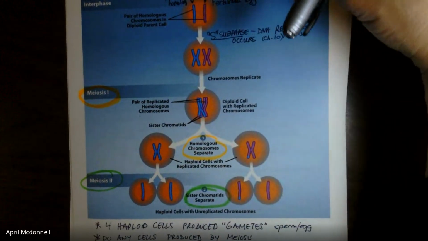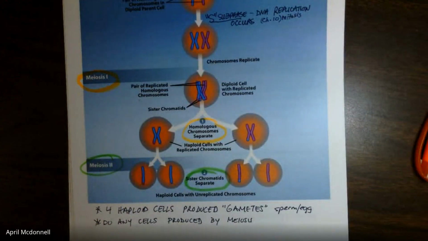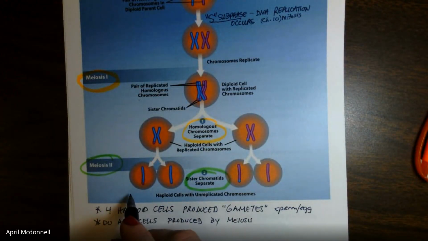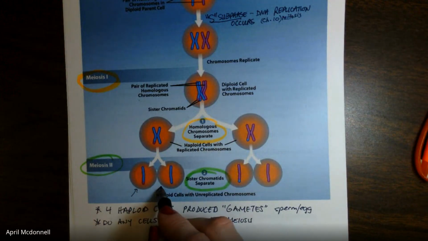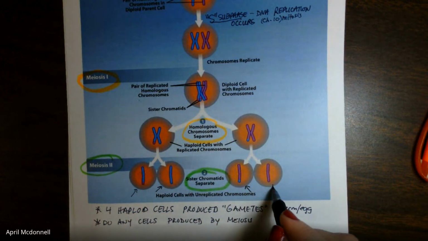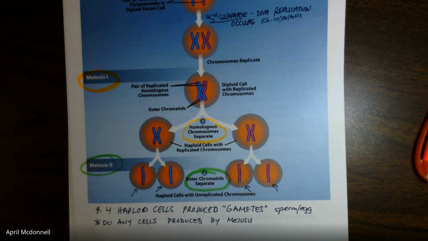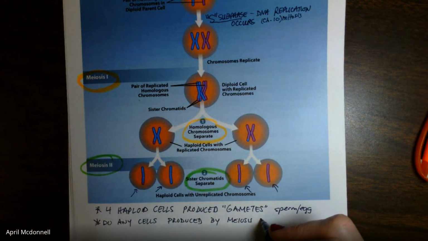Do any cells produced by the end of meiosis, and we're talking about these cells here, do any cells produced by meiosis have identical DNA sequences?